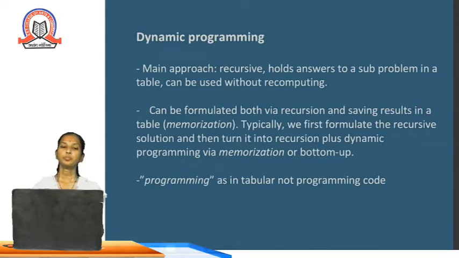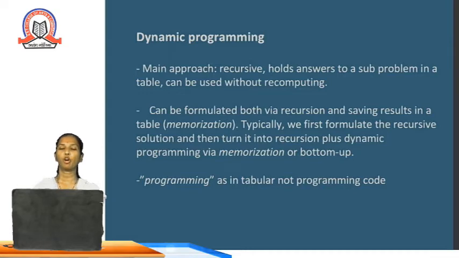Now the dynamic programming main approach is recursive. Yes, it holds the answer to the subproblem inside a table, and it can be solved without recomputing. So this is another point that I am saying again and again, memoization. Memoization in the sense that the same data I am storing somewhere and not going to calculate again and again.